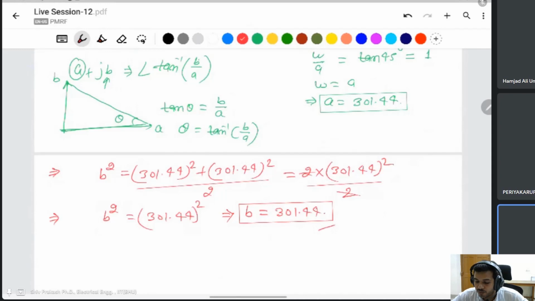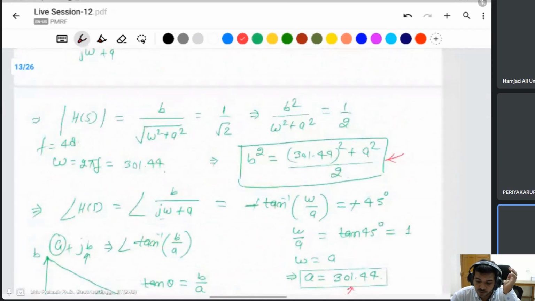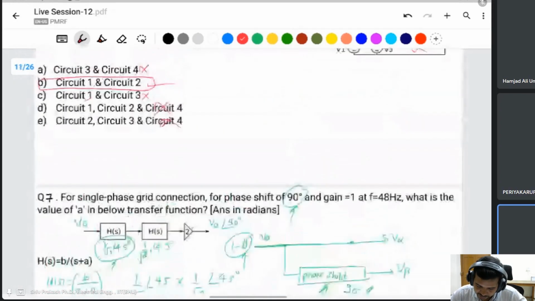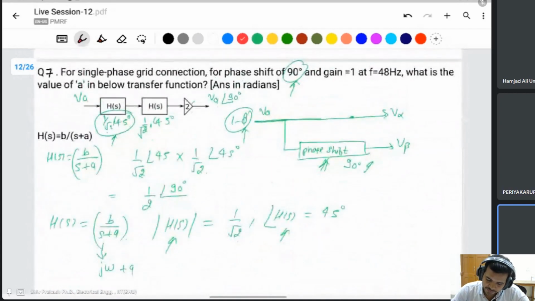A value is 301.44. The requirement of this value is to phase shift 90 degree in a single phase system. The frequency is given, that's why the A or B value is different.